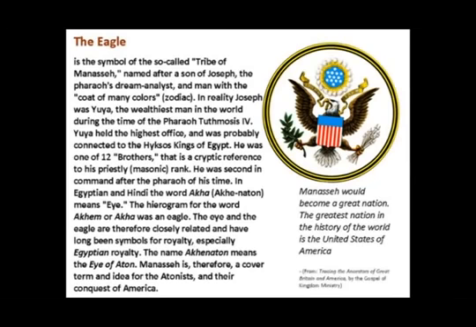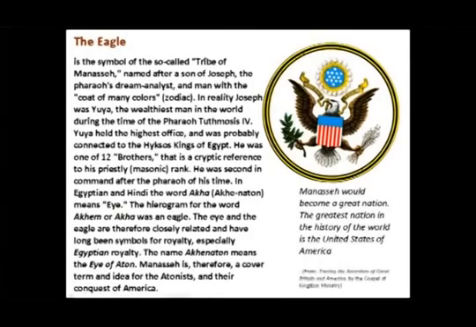In reality, Joseph was Yuya, the wealthiest man in the world during the time of the Pharaoh Thutmosis IV. Yuya held the highest office and was probably connected to the Hyksos kings of Egypt. He was one of the 12 so-called brothers, but that's a cryptic reference to his priestly or Masonic rank. He was second in command after the pharaoh of his time.